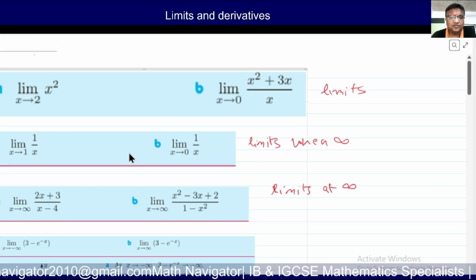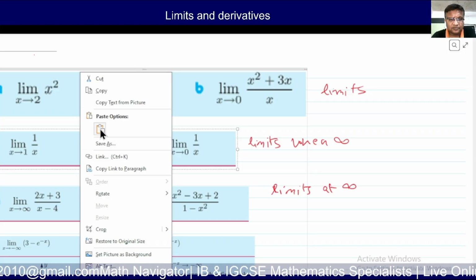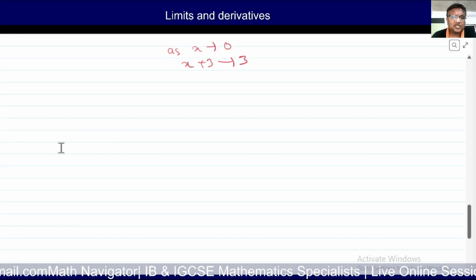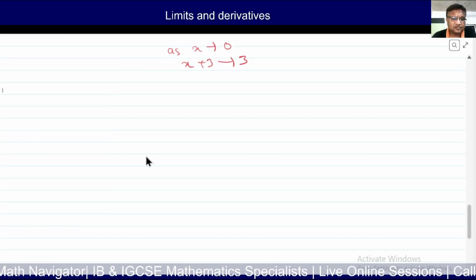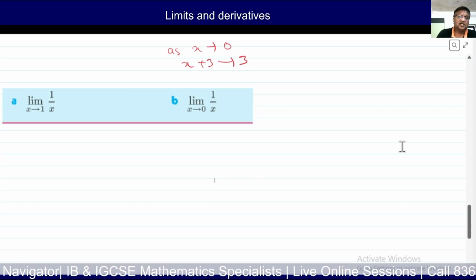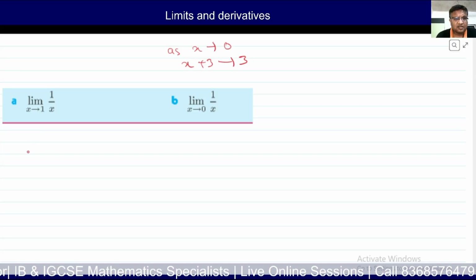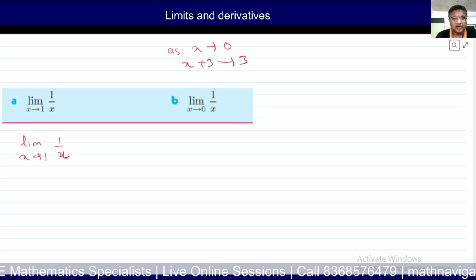Then next comes, so in this case, what is happening? Let's take this. Let's solve this. So limit x tends to 1, 1 over x.